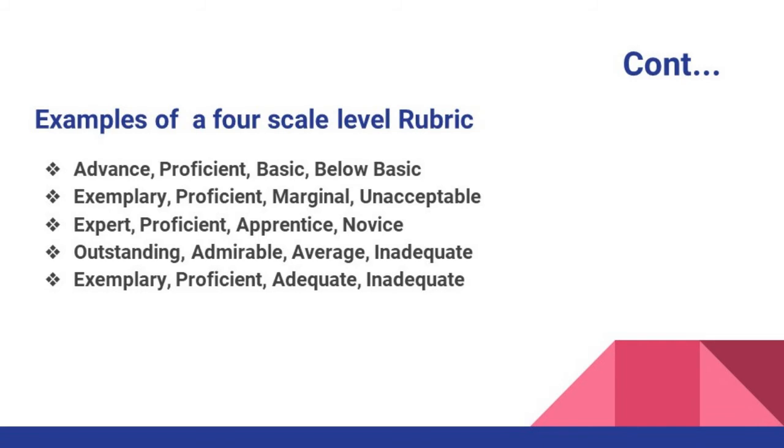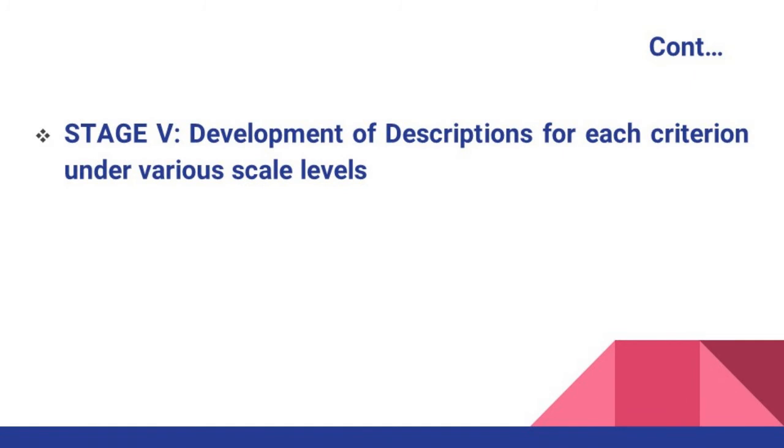Now moving further to stage 5. Development of description for each criterion under various scale levels. After stage 4, we move to stage 5 where we need to develop descriptions of performance quality for each level of each criterion.